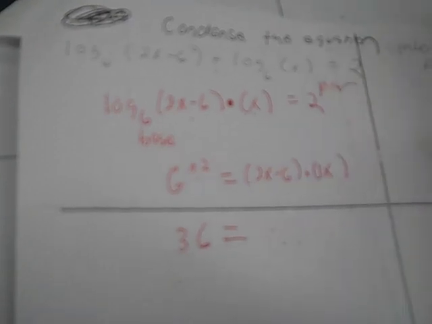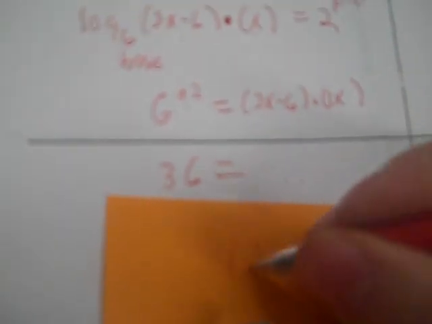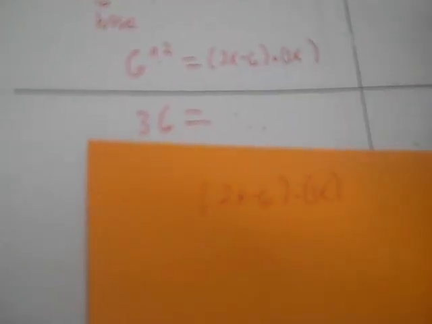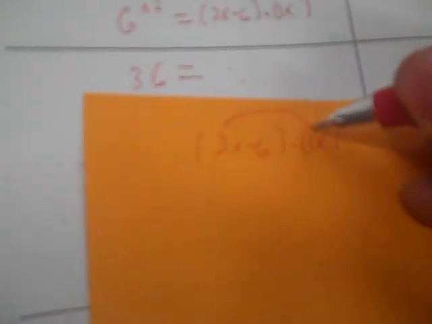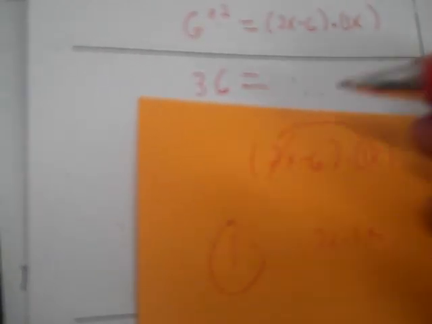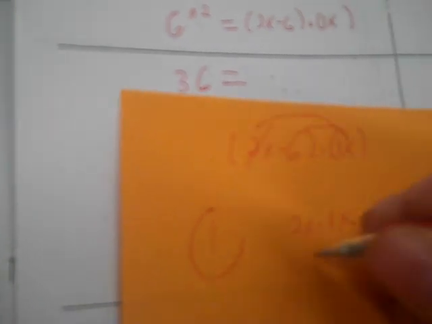Now on the other side, I will be using my scratch paper to multiply this. Okay? So I've got 2x minus 6 times 1x. Okay, you just take 2 times 1x, so it's 2x times 1x, and then that's the end of the 2, and then negative 6 times 1x.